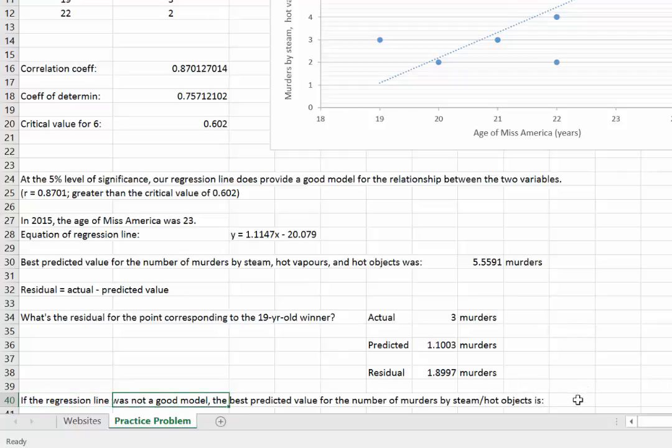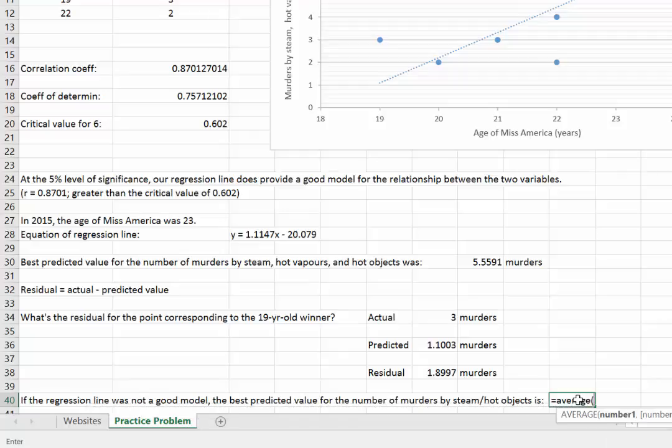Remember, if the regression line isn't a good model, we can't depend on that. If we assume there's no relationship between the two variables, and I'm trying to predict the number of murders by steam or hot objects, then my best guess is to only focus on murders by steam and hot objects, not even look at Miss America. And my best guess is just to use the average of those values.